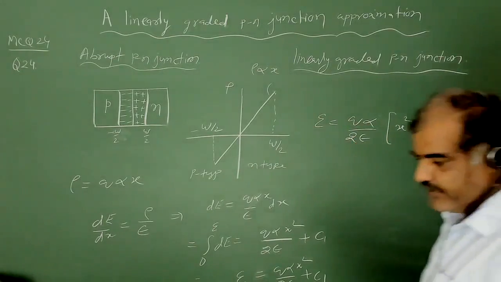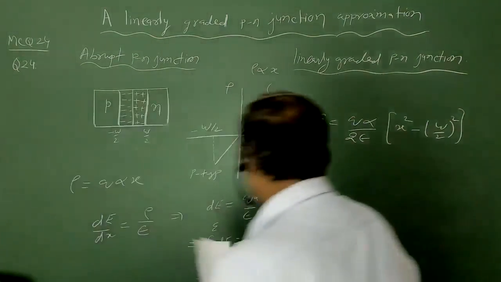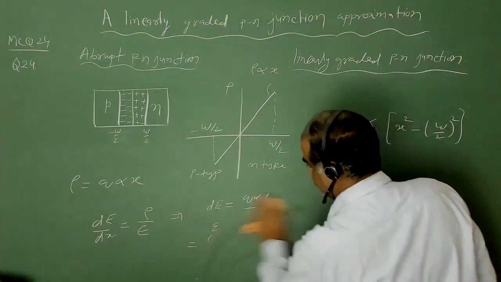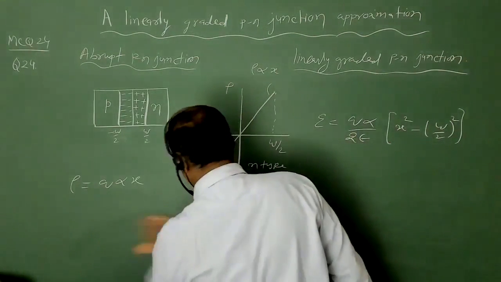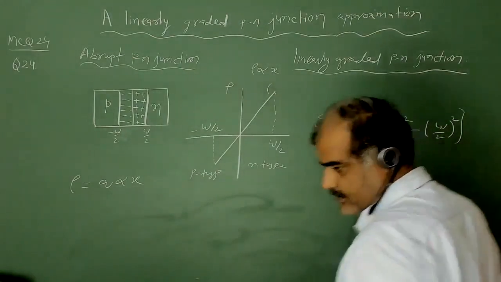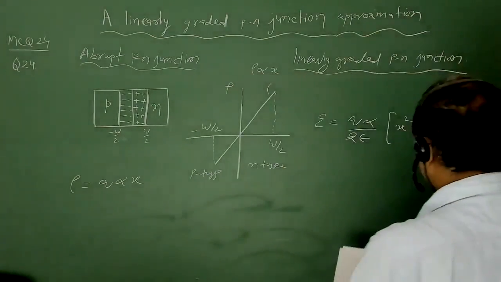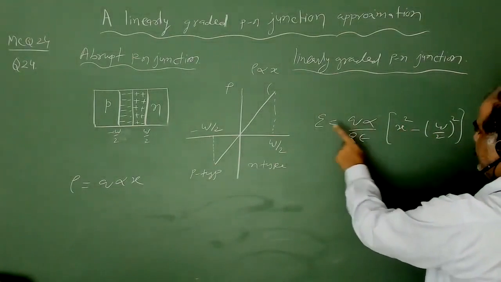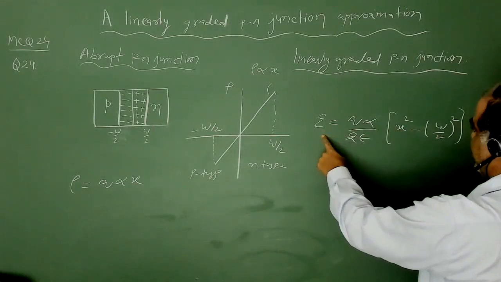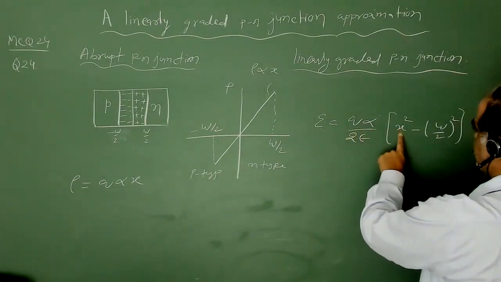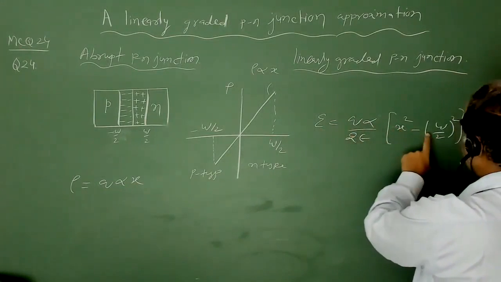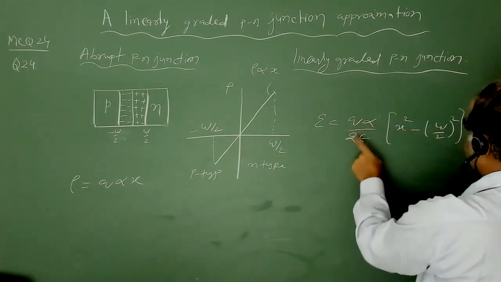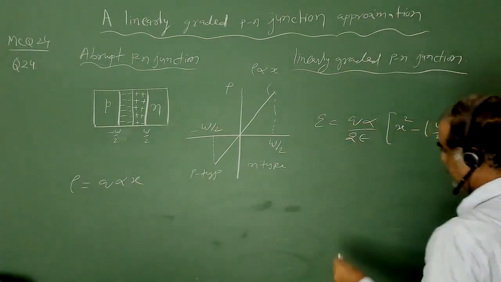Now if I draw this electric field profile with respect to x, what will I get? We can see here when x is equal to w by 2, E is 0, and at x is equal to 0, E will be minus q alpha by 2 epsilon times w by 2 whole square.